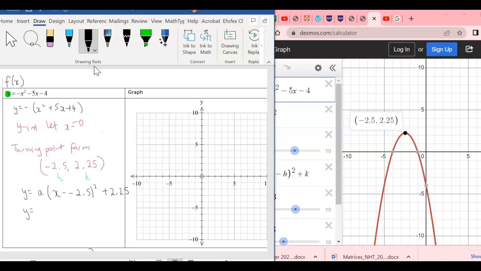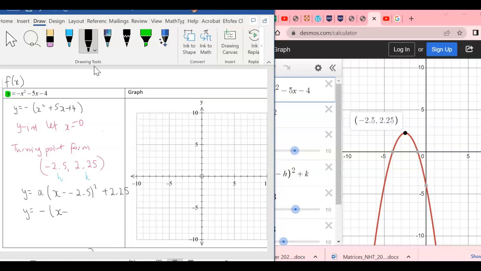Now, if you didn't know what a was, you would obviously just substitute in a value of x and y, and solve for a. But we're not doing that.